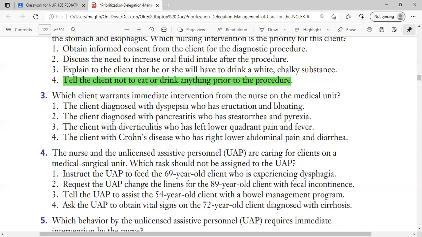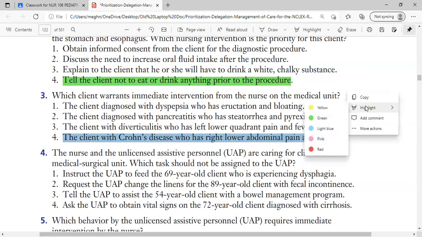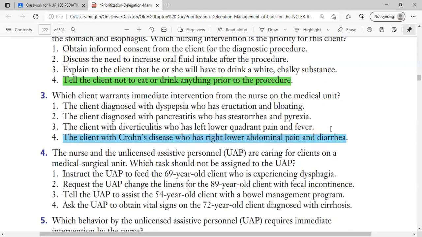And pain could indicate a complication. Because of the complication, the patient can develop tearing or perforation of the GIT and lead to intestinal obstruction. So number 4 is the answer, right?